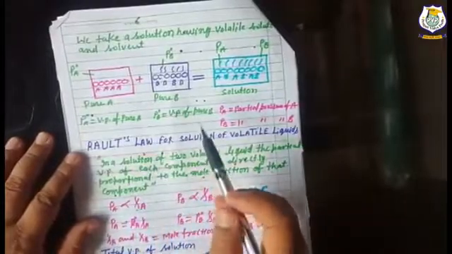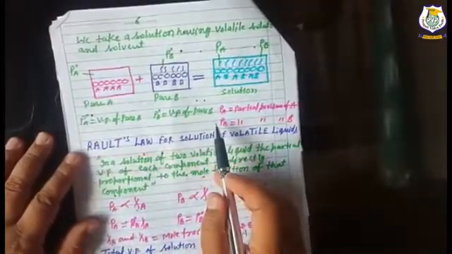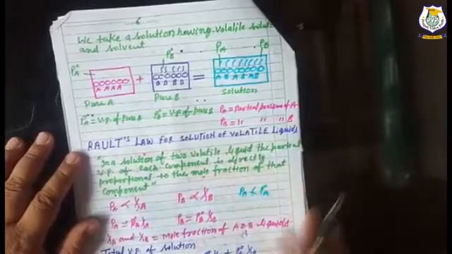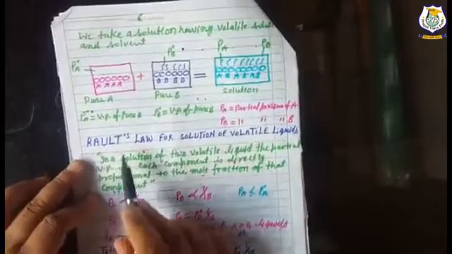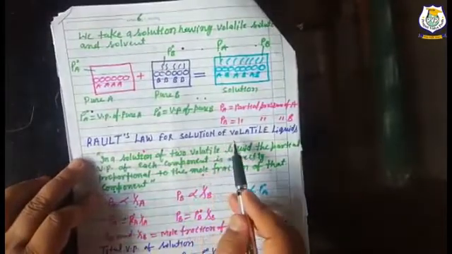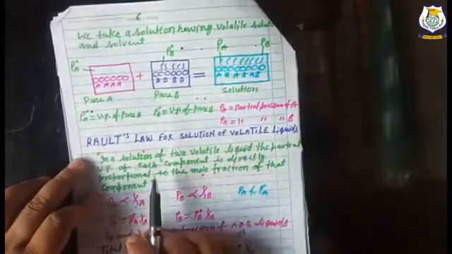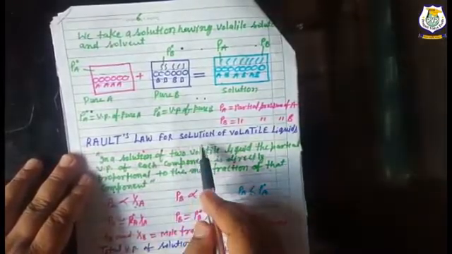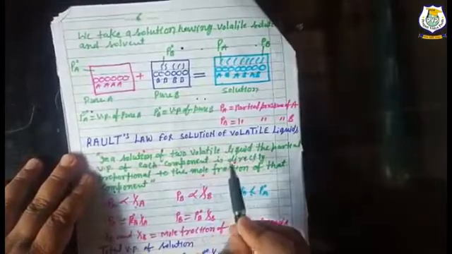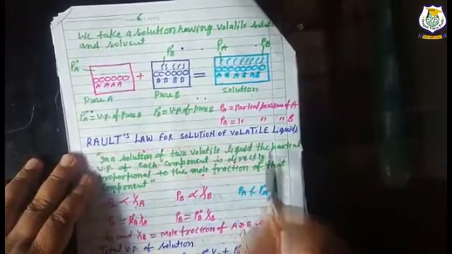The vapor pressure is explained on the basis of Raoult's law. Raoult's law is applicable for two conditions. First of all, Raoult's law for a solution of volatile liquids. That means in this solution, the volatile solute is present in a volatile solvent.